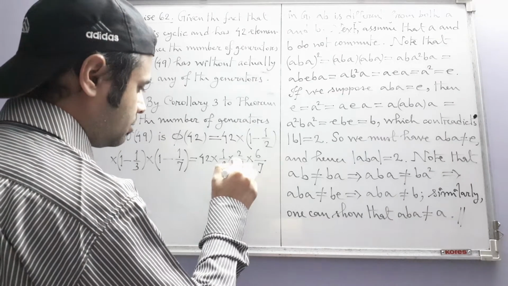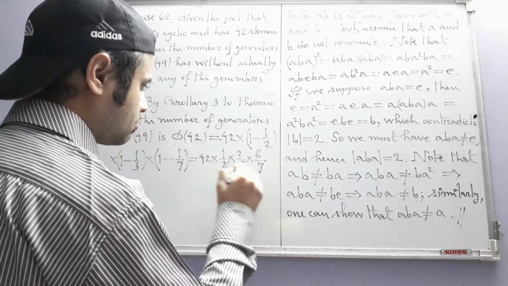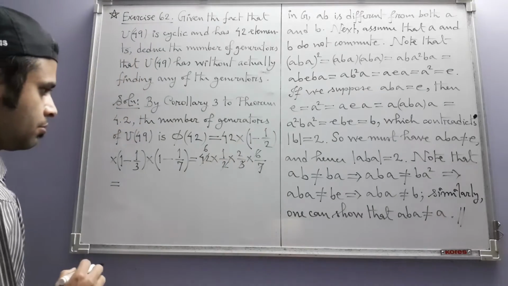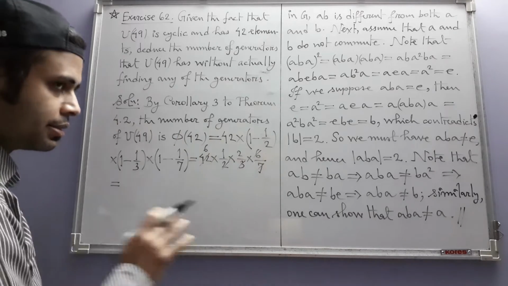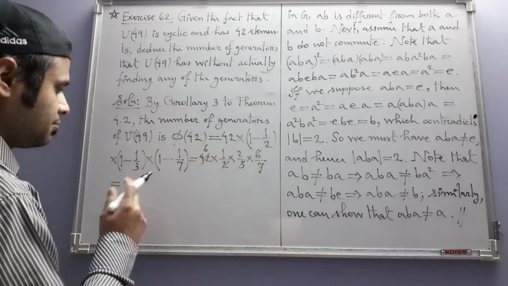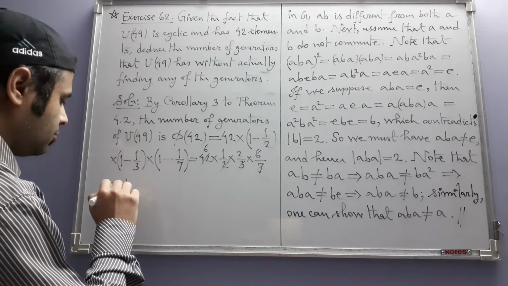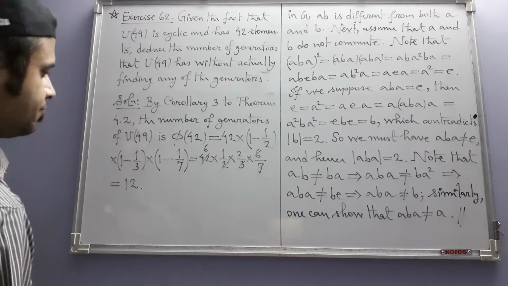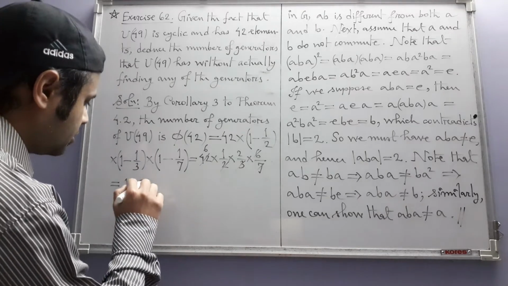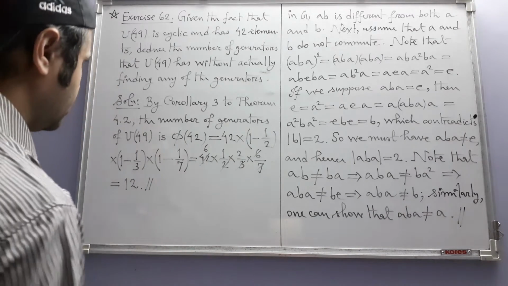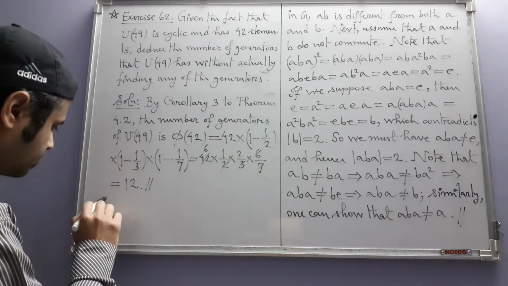This is what we should really not write like this, striking these things out and then writing, but just for the sake of showing what's going on, we are doing this. So this is 12. So there are 12 generators of U49, and we haven't found any generator. Actually, we just have found the number of generators.